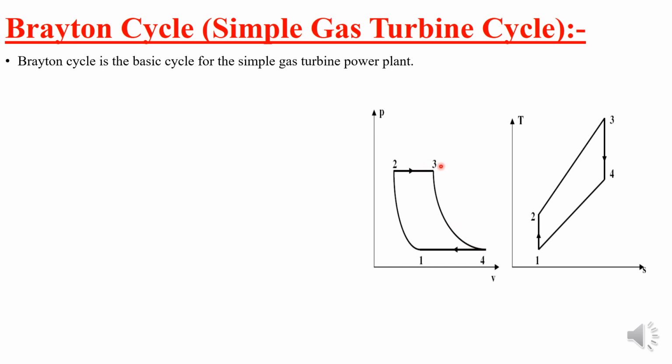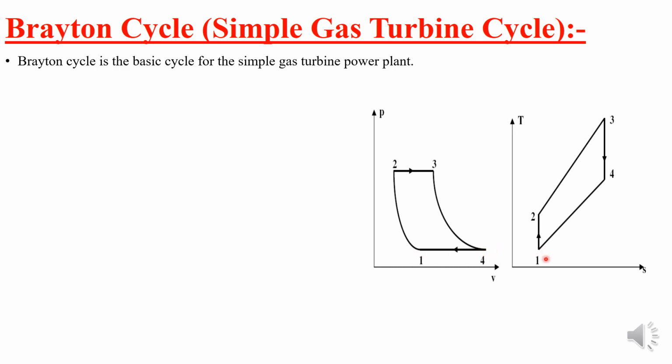So 3 to 4 is the expansion process, and that is also a reversible adiabatic or isentropic process. After expansion, we have the heat rejection, which takes place at constant pressure, that is 4 to 1.